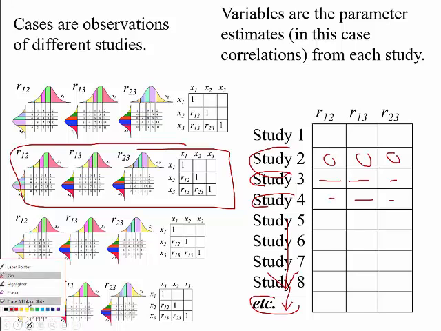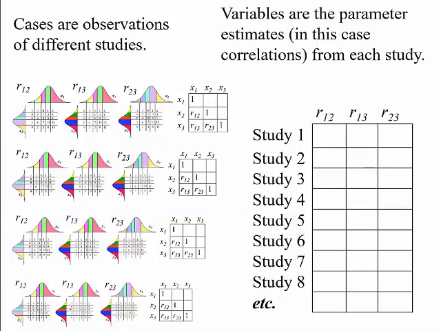So at this point, hypothetically, I have a data set where the rows are for each study, and if I replicate my study over and over an infinite number of times, it means I have a data set with an infinite number of rows in it, and I have one column for every possible pair of items on my questionnaire. Every correlation that I'm going to estimate, I have one column for each correlation.